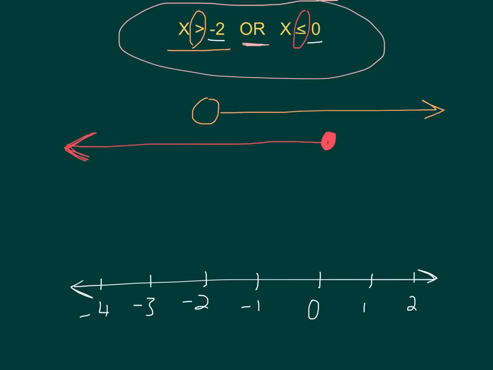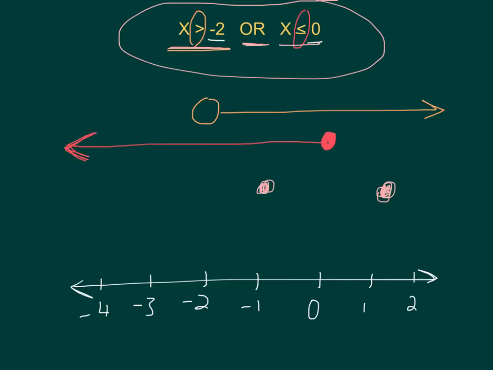Because if I take a number that's over here, say 1, it's not going to be less than or equal to 0, but it is greater than -2. If I take a number right here, like -1, it's true for both of them. It is less than or equal to 0, and it is greater than -2.